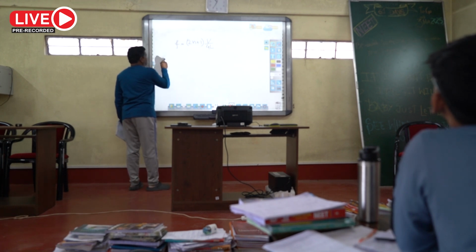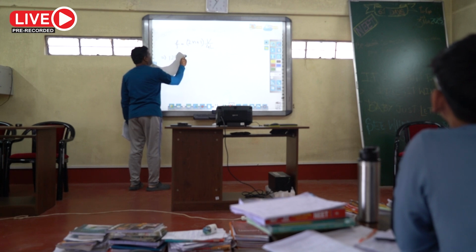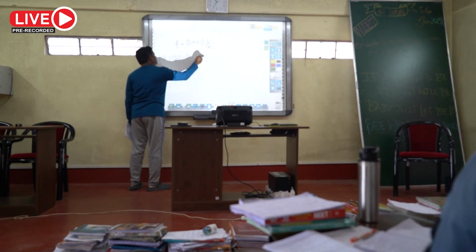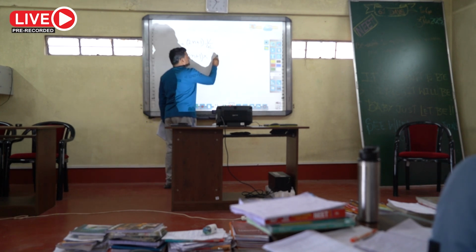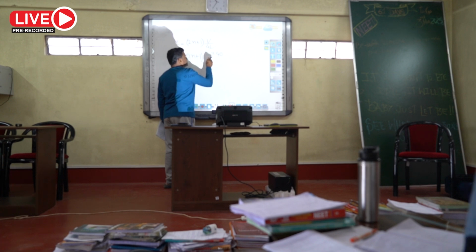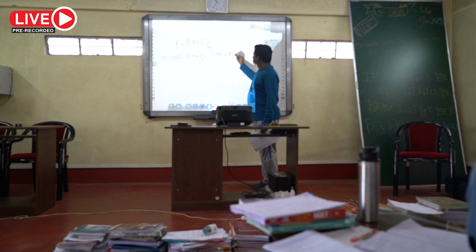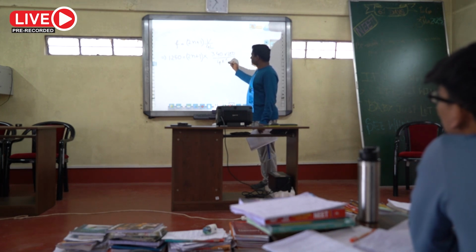Then put f equal to 1250. It is 2n plus 1 and put the value of v, 340, into 100 by 4 into 85.